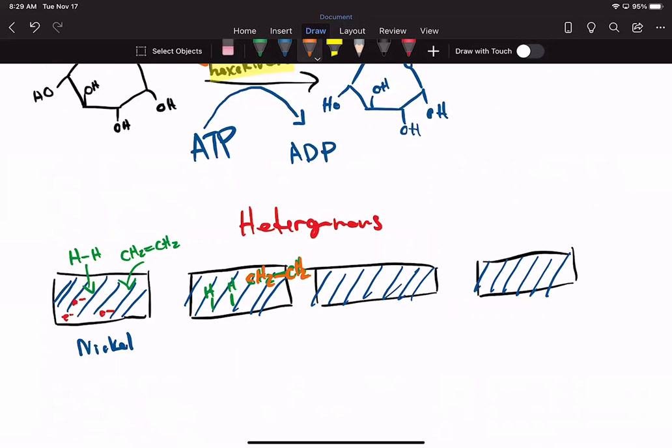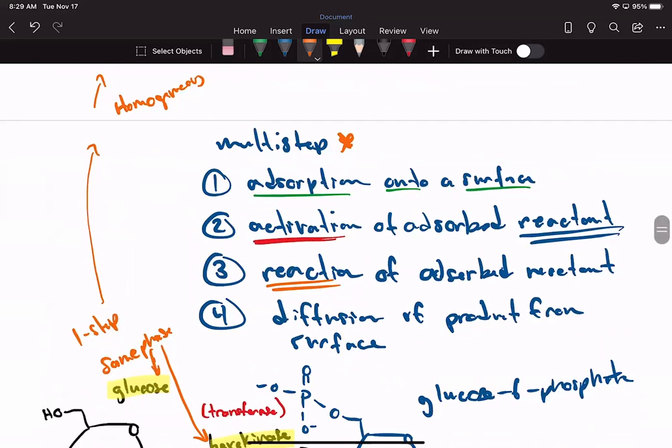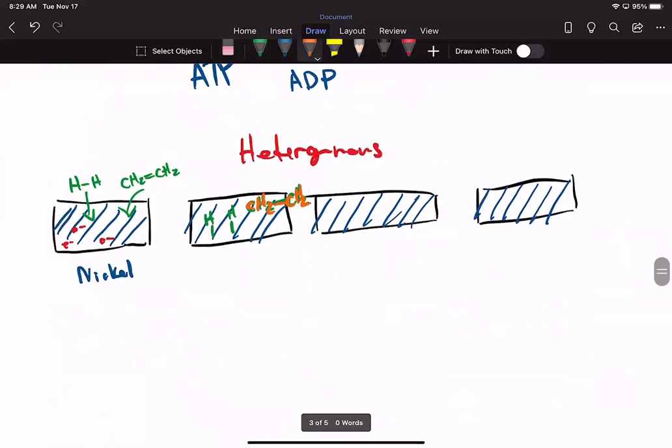They're not reacted yet, but we activated them by breaking those bonds. So now we're going to have the reaction of the absorbed reactants, right? We're going to have a reaction here. So what takes place is, well, now we're going to get CH3. We're going to get some ethane, but this is still on the surface. It's still absorbed onto the surface.